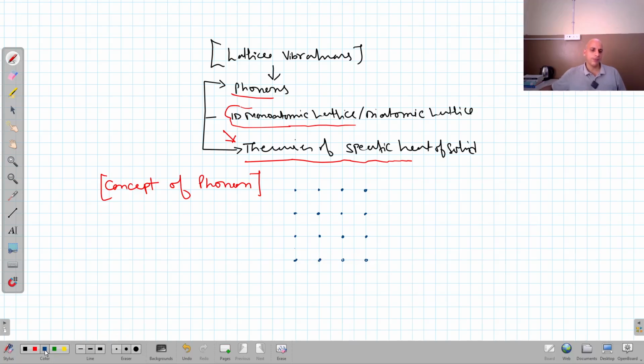Now we can see that these atoms are bonded together by means of electrostatic forces. Either there is covalent bond, metallic bond, ionic bond, or van der Waals bond, right? So they are bonded together with each other. So we can say that these are connected through elastic strings, right? I am representing here elastic string.